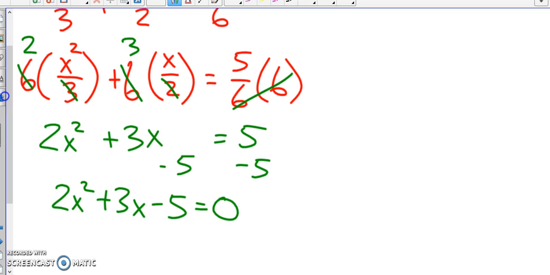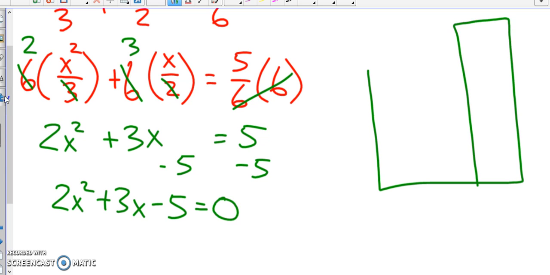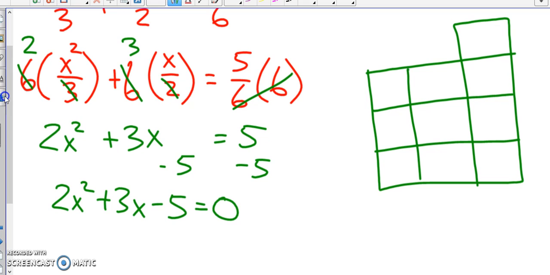And then we factor it. Multiply going across the bottom. It's negative 10x squared. What multiplies to give me negative 10 but adds to give me 3?